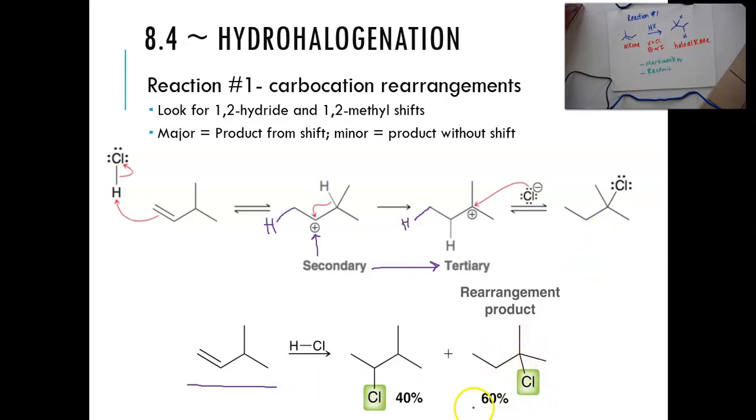Our product over here with 60% is the product after it went through that 1,2 hydride shift, and the product with the 40% is the original one, so the one without the shift. If we are going through a shift, the major product will always be the one from the shift, and the minor product will be the one without the shift, but they will always both form.